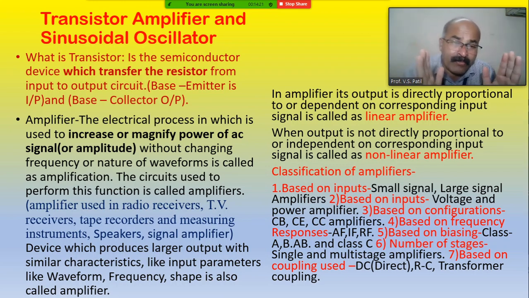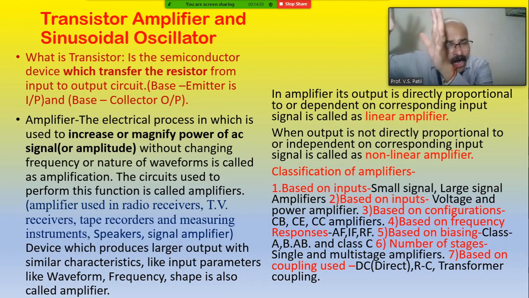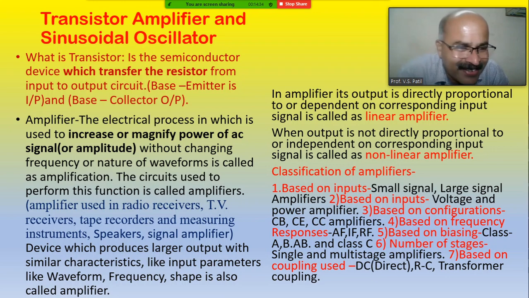In the electronic industry in which the vacuum tubes were used, all vacuum tubes are replaced by semiconductor devices like the diode, triode, transistor, triac, diac, UJT, SCR, then JFET, FET, field effect transistor.